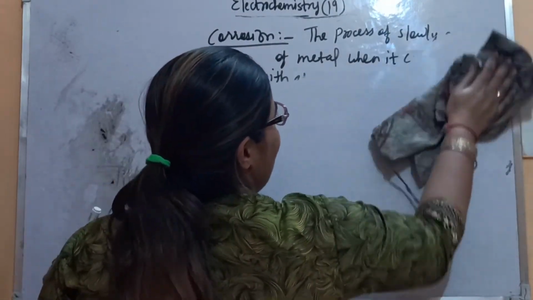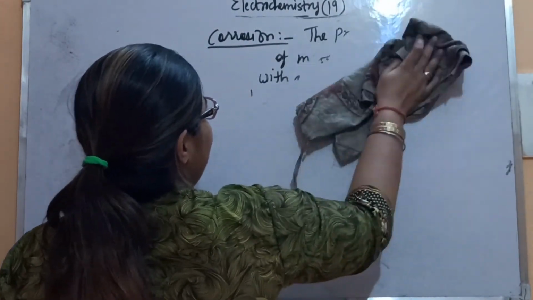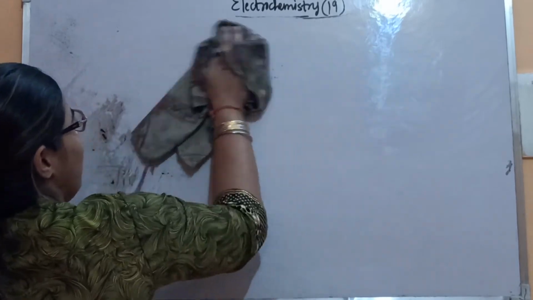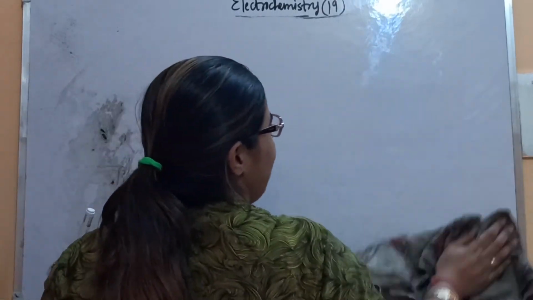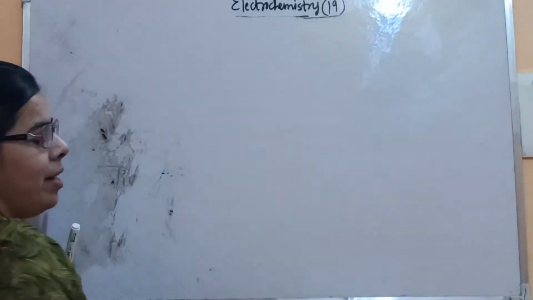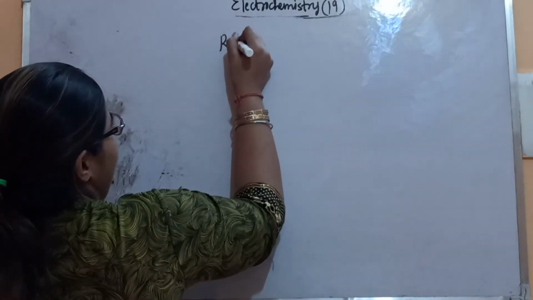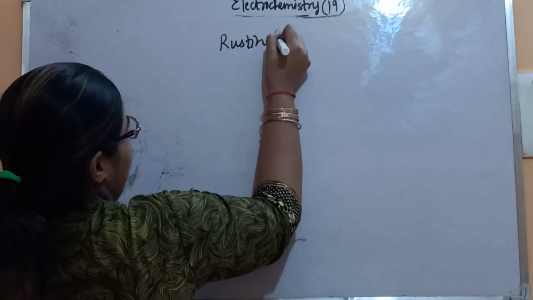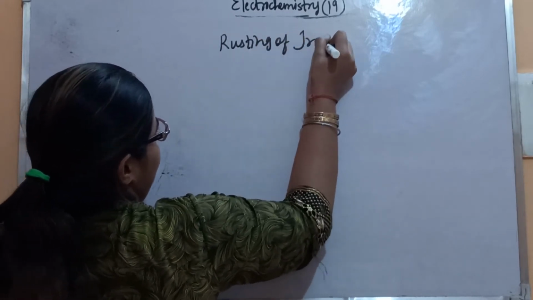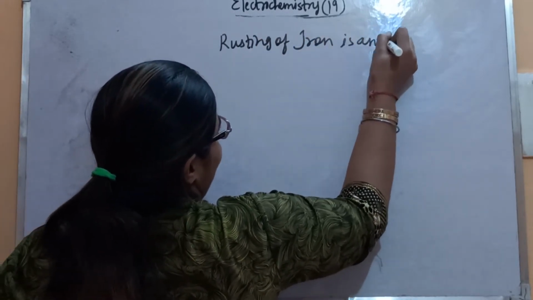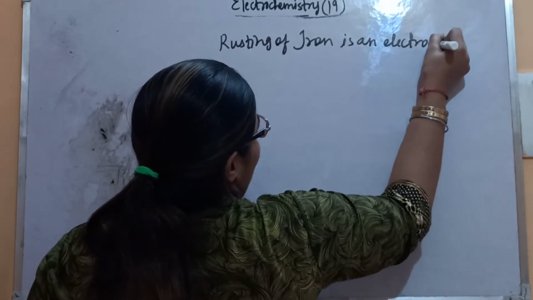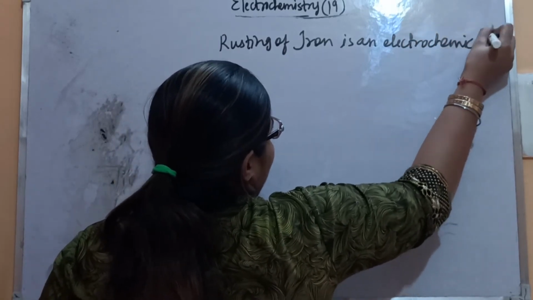Iron comes in contact with atmospheric gases, carbon dioxide and so on. Let's see how.